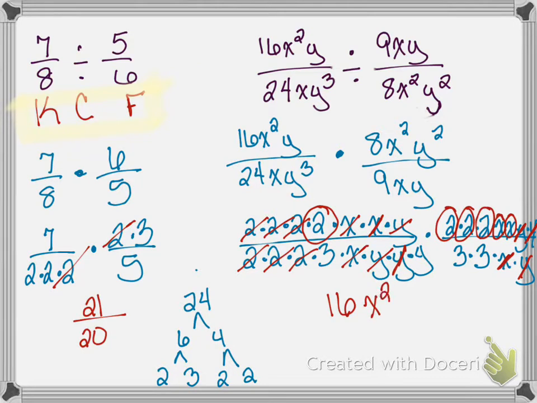Good. Now, in my denominator, I have 3 times 3 times 3. Yep. Good job. Don't lose that. Do you see that? Sometimes you can lose those things. So be careful.